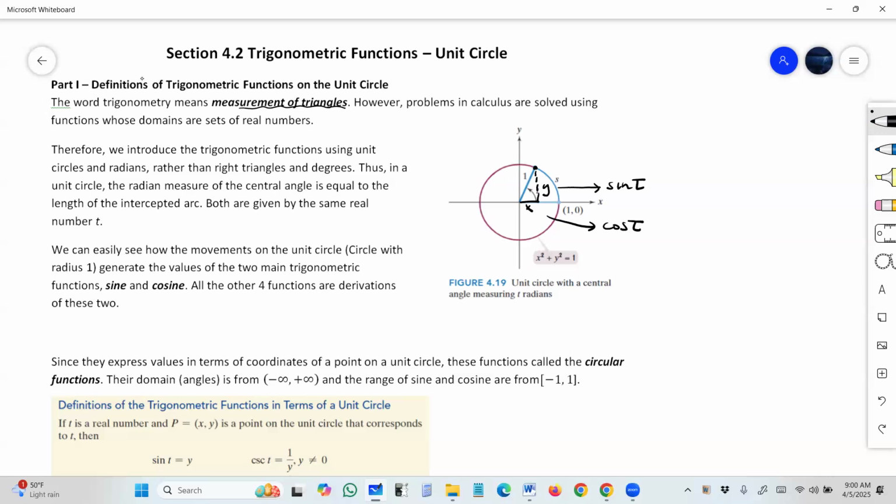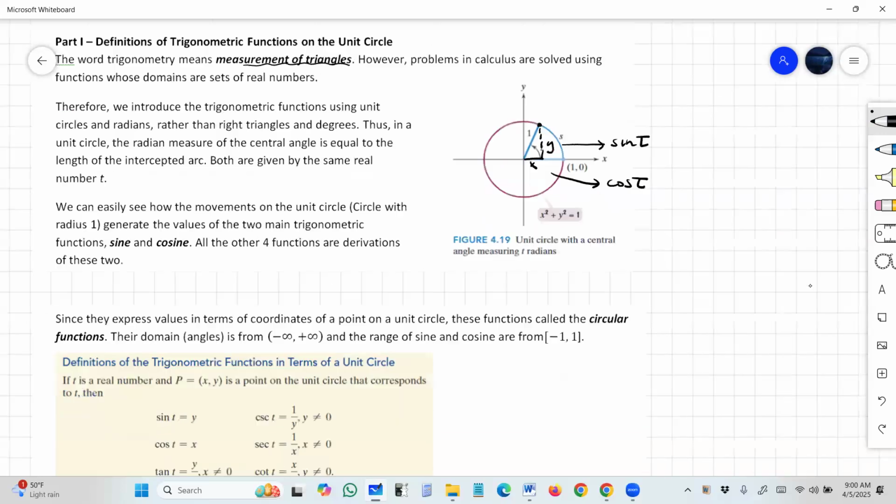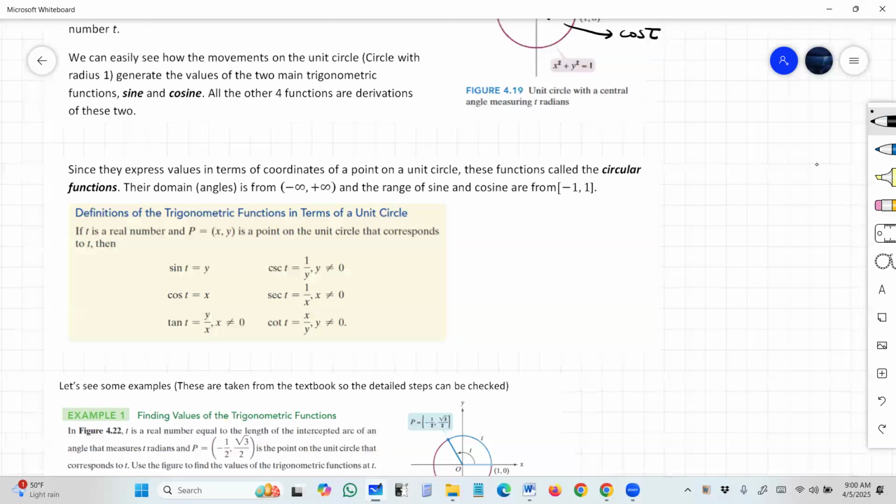So these are the two main functions. And every other function is derived from them. So as I said, the length of the Y coordinate is our sine function. The length of our X coordinate is our cosine function.